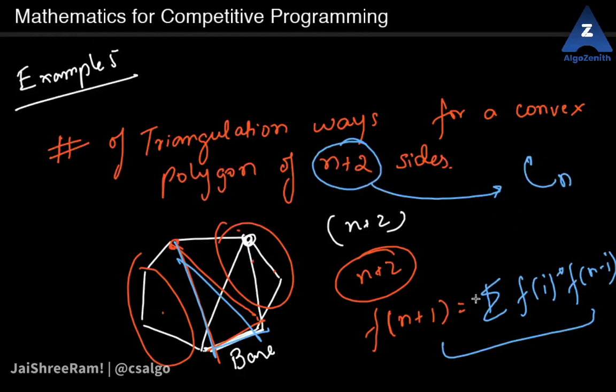There might be one or two shifts in this particular relation, so that's why we have the Catalan number of n for n plus 2. And when you put n equal to, let's say, 0, then there is just 1 way, like the empty polygon has one way to triangulate it, right? So that's why this particular example is also a Catalan number.